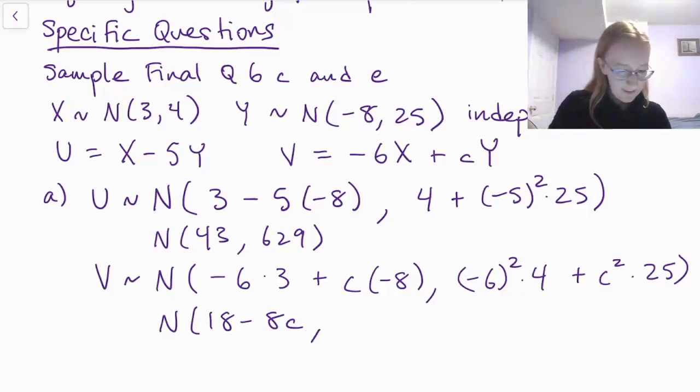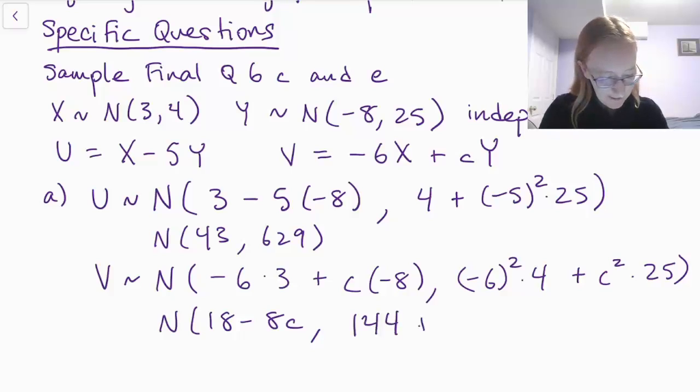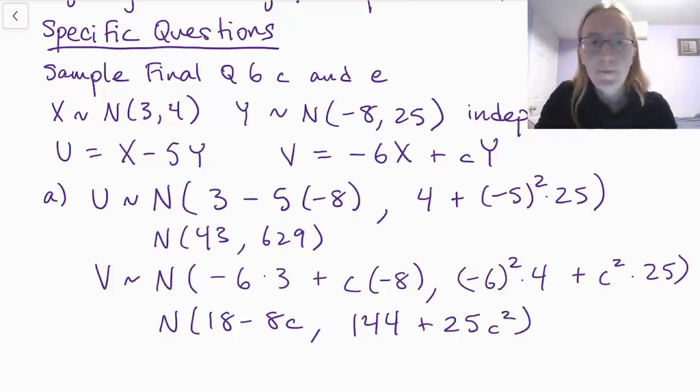And the variance is 36 times 4, 144. Oh, hey, that's a nice number. 144 plus 25C squared. We can't get rid of the C yet because we don't know it.